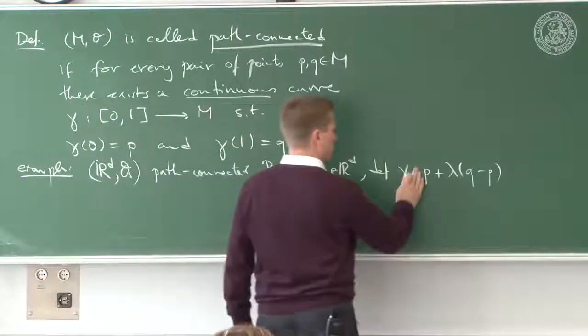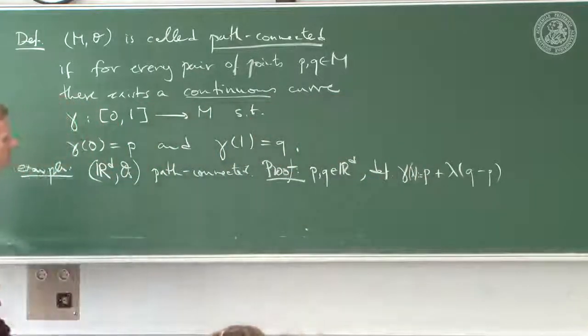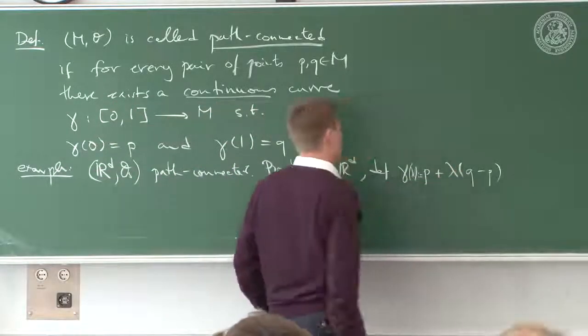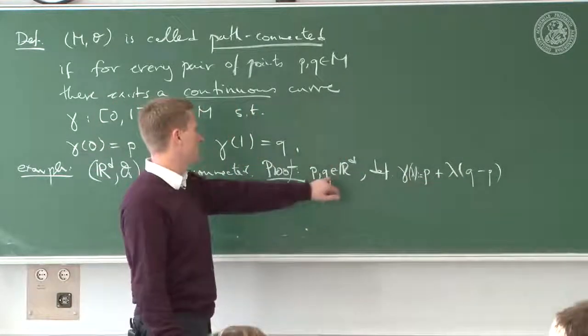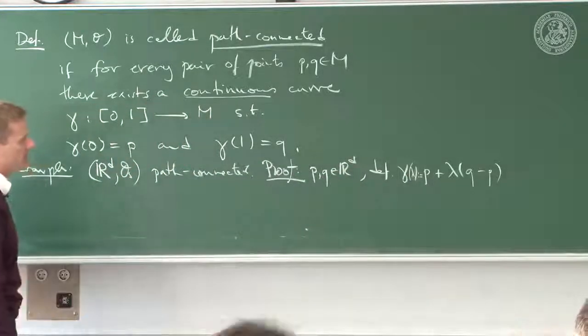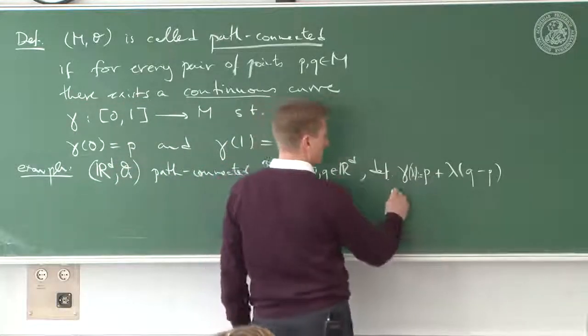So gamma of lambda is P plus lambda (Q minus P). And the addition and the multiplication with scalars is the component-wise defined addition and multiplication with scalars on the D-tuples here. And this curve, it can be quickly checked, is continuous.